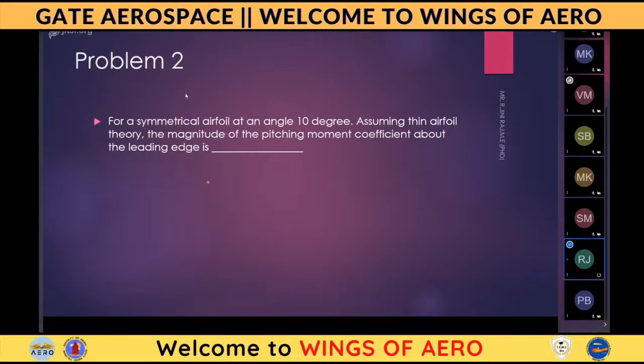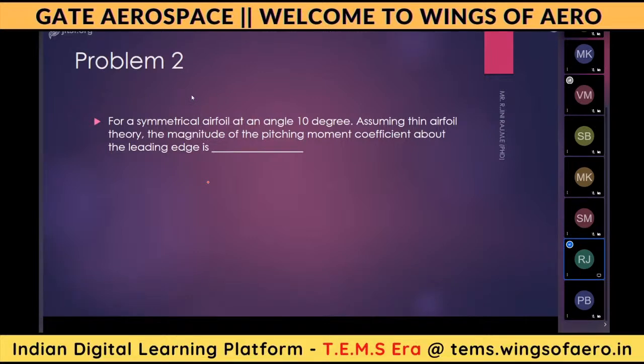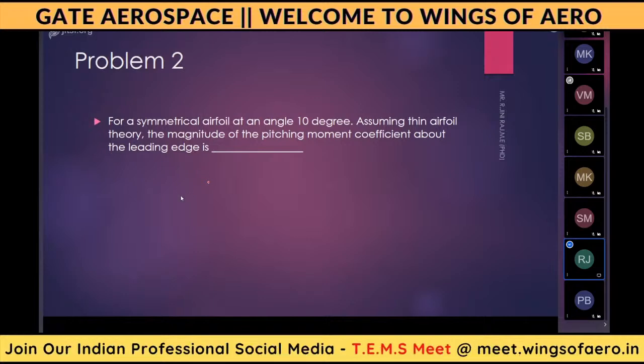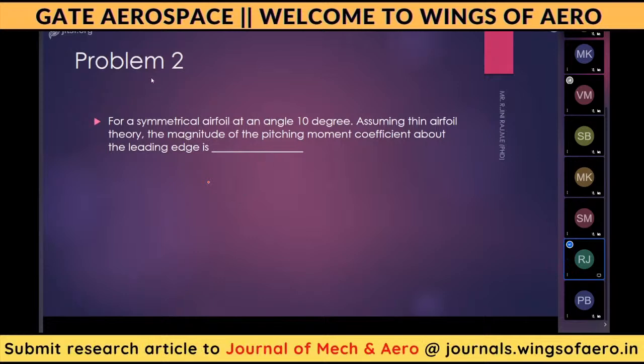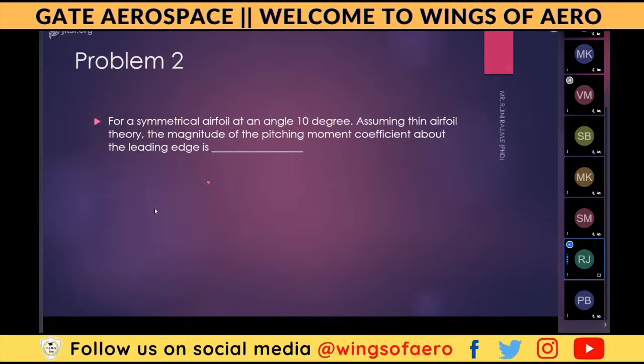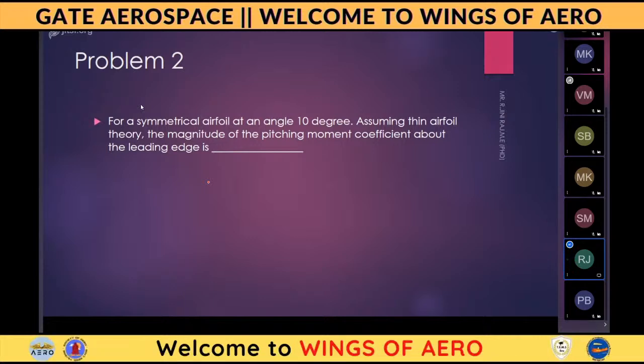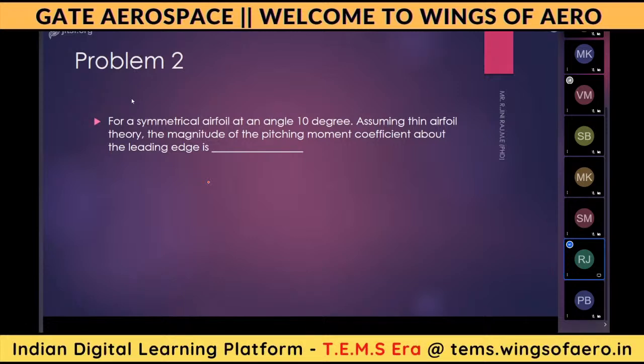Do you know how to calculate this? Students, please calculate this, solve the sum and tell the answer. We have this angle of attack as 10 degree, and we need to find the pitching moment coefficient at the leading edge. Please calculate this.